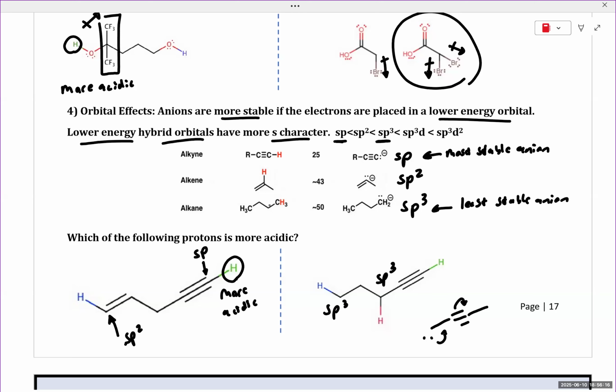The lone pair held in an sp hybrid orbital is going to be lower in energy, and thus this alkyne proton is going to be the most acidic proton. So this is an example of how hybridization and orbital effects can impact proton acidity.